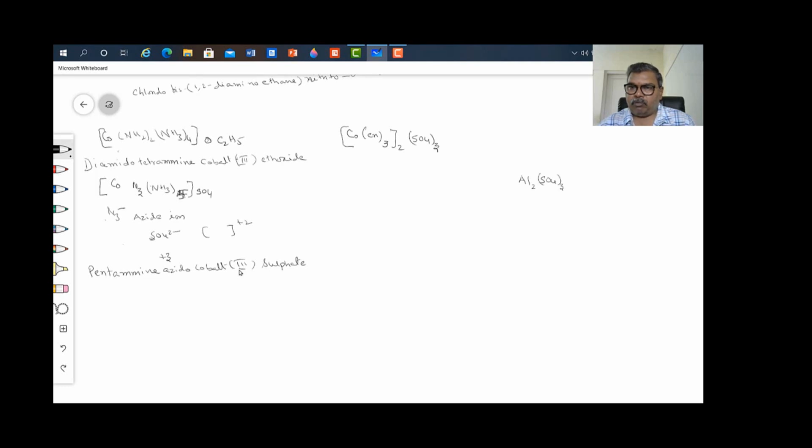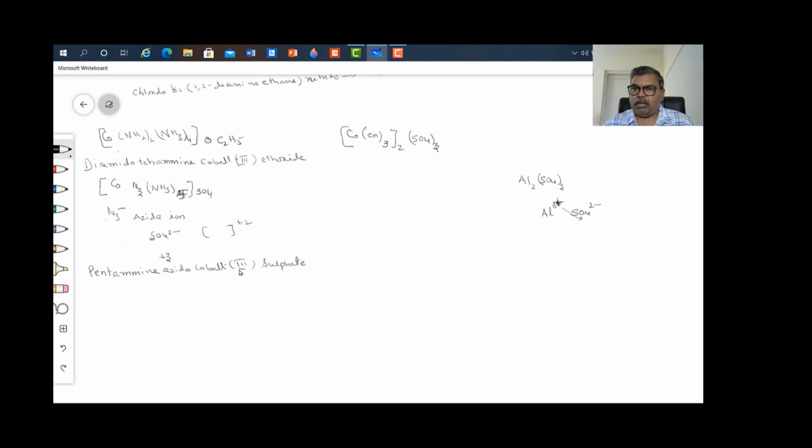Why is the formula of aluminum sulfate Al2SO4 thrice? Because aluminum is trivalent, Al3 plus, and SO4 is 2 minus.